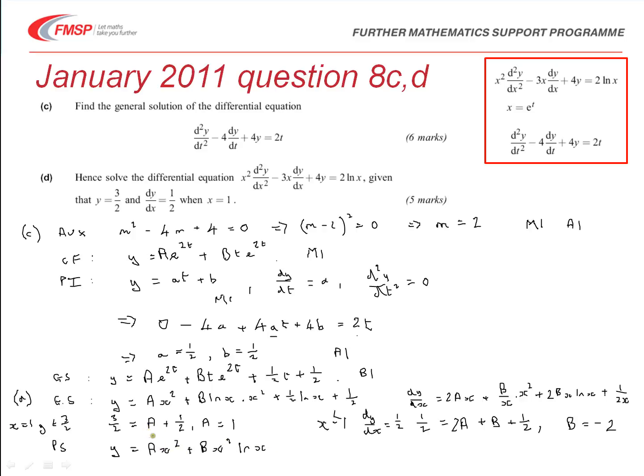I'm supposed to be replacing, so a was 1, so that goes, b is minus 2, so this becomes minus 2 times that part, and then we got plus our half ln x plus a half.